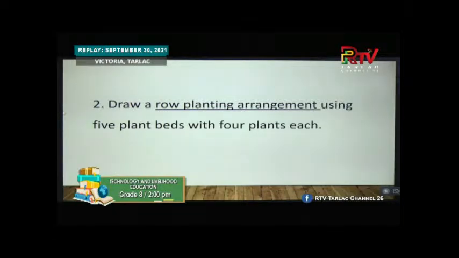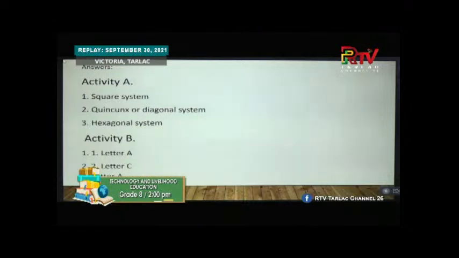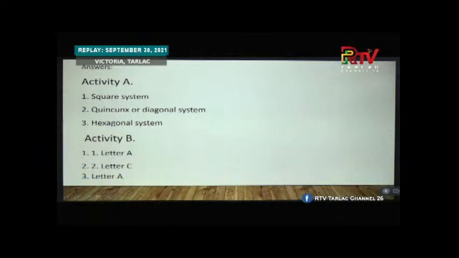Are you ready to check your answers? Let's begin. Here are the answers for the first activity. Number 1, square system. Number 2, quincunx or diagonal system. Number 3, hexagonal system.